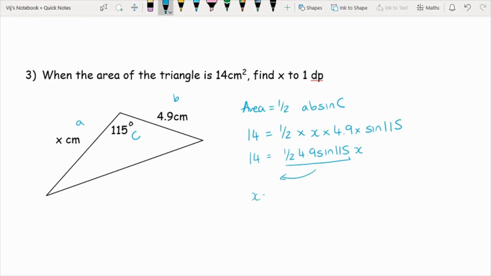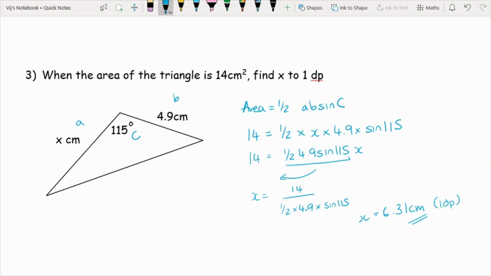So I've got x equals 14 divided by 1/2 times 4.9 times sine 115, and typing that into my calculator, I'm going to get an answer of 6.31 centimetres to 1 decimal place.